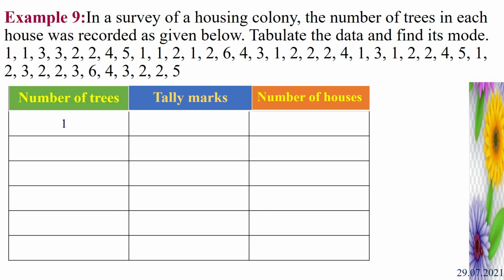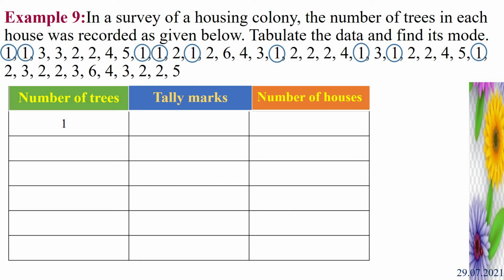Let us take number 1. Let us count how many houses have one tree: 1, 2, 3, 4, 5, 6, 7, 8, 9. Yes, only 9 houses have one tree. How to arrange the second column, tally marks? We know very well that we have to group 5 numbers and write the number in the third column.